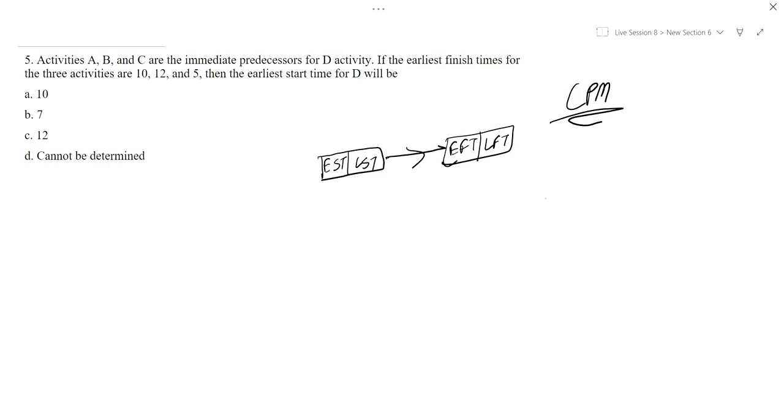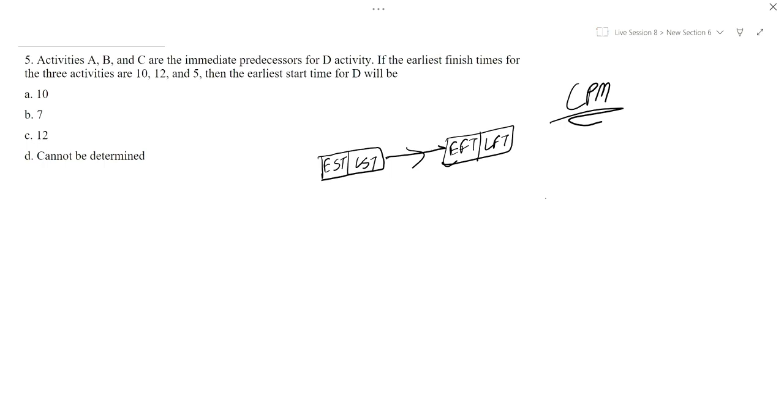The earliest finish times for the 3 activities are 10, 12 and 5.